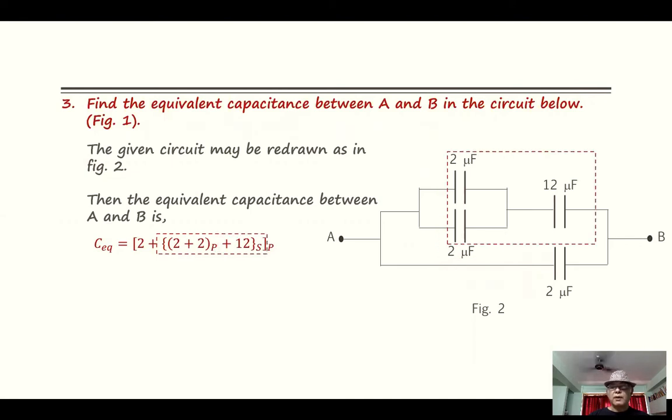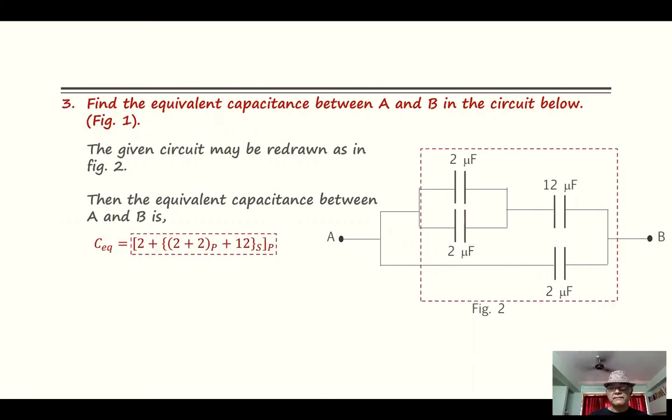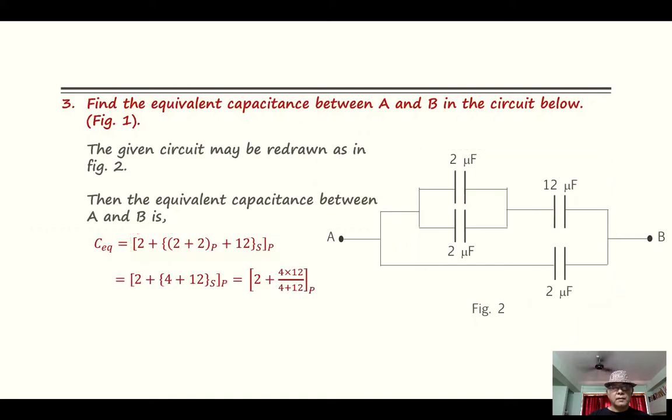Then 12 microfarad capacitor is in series with them. And finally, 2 microfarad capacitor is in parallel with them. So following the rules of groupings of capacitors, we proceed. And finally, we get C equivalent equal to 5 microfarad.